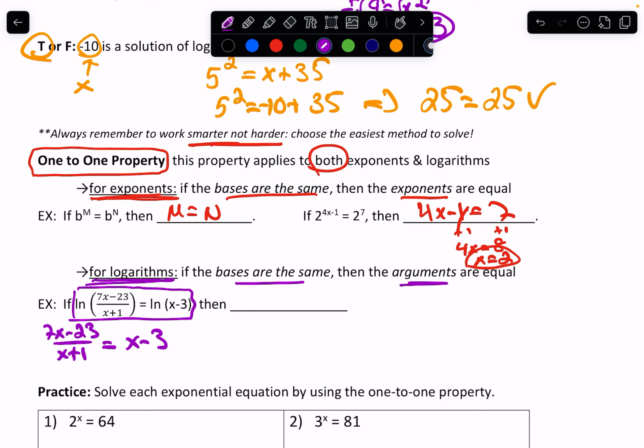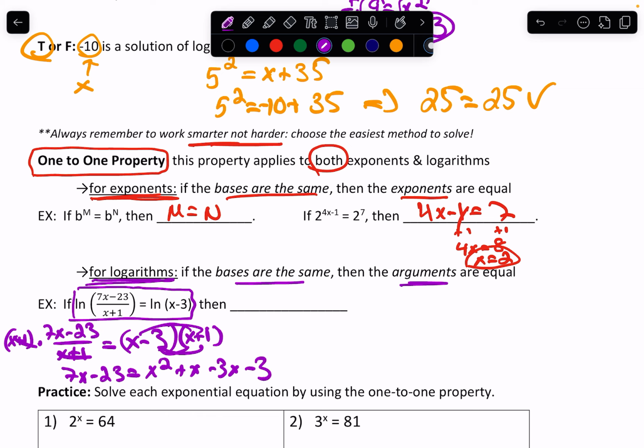So we want to multiply by the x plus 1. We're going to multiply this side by x plus 1, and we're going to multiply this side by x plus 1. Now, the x plus 1's cancel out, and we get 7x minus 23 equals, and we're going to go ahead and FOIL this, x squared plus x minus 3x minus 3.